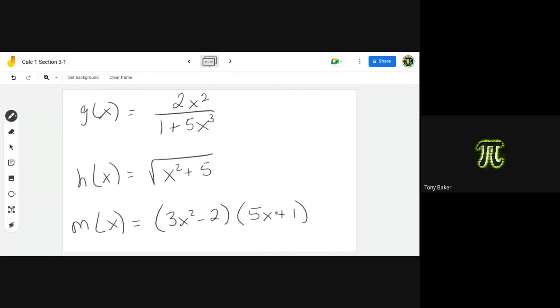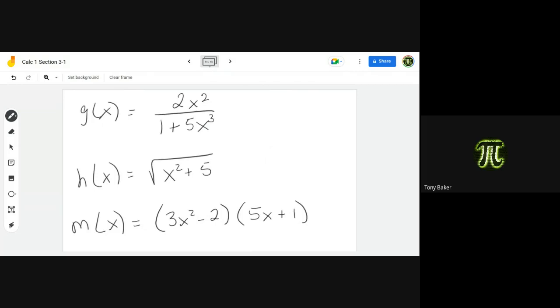Can we do this problem? Can we do it as it sits? We have to FOIL it out. If we FOIL it out, then I just have addition and subtraction.